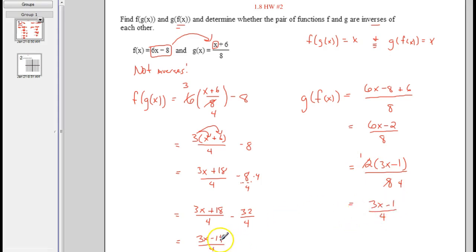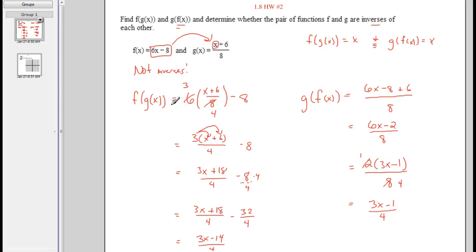Again, that's not equal to x. Neither of these are equal to x. So these are not inverses of one another. Okay. Now, if you're just determining if two things are inverses, then you could really have stopped right here. They're not inverses.